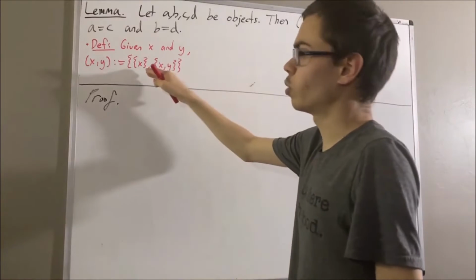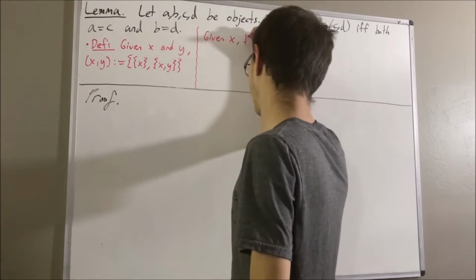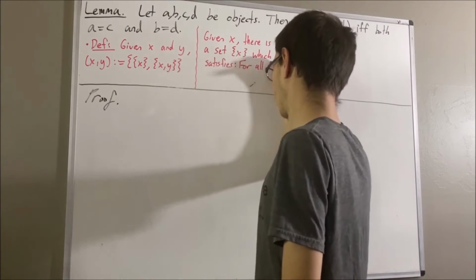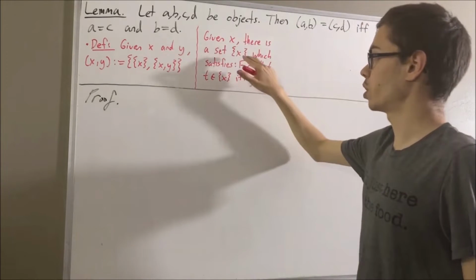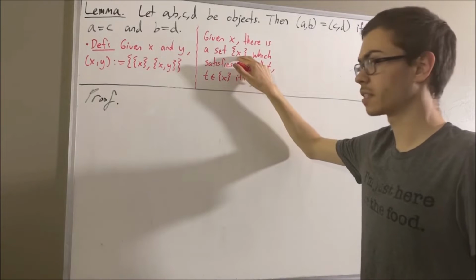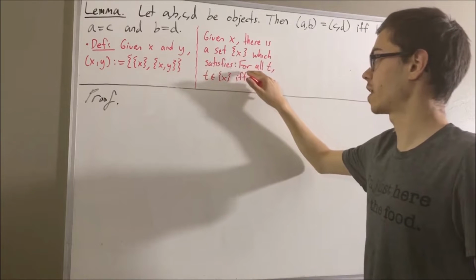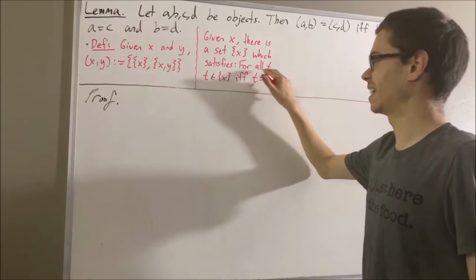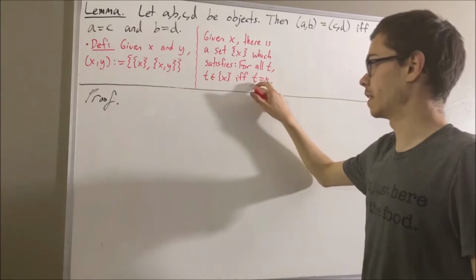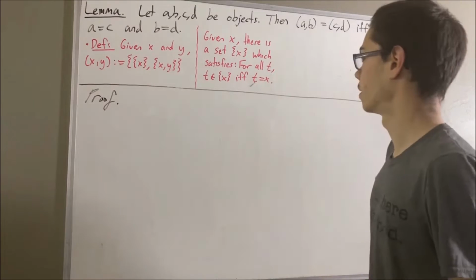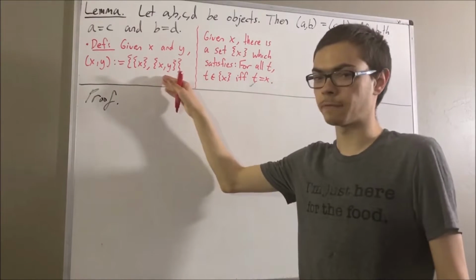Well, here's what we mean by singleton set. Given an object X, there is a set which we call the singleton set of X, which satisfies the statement that for all objects T, T is an element of the singleton set of X, if and only if T is equal to X. And also, what do we mean by pair set of X and Y?